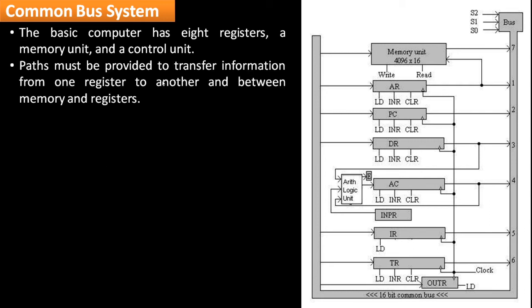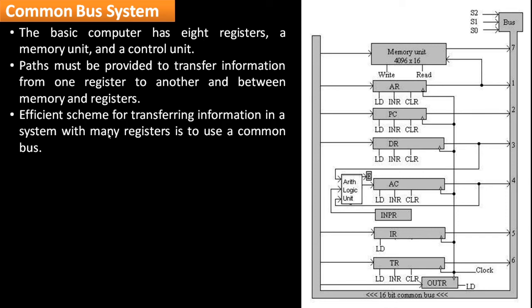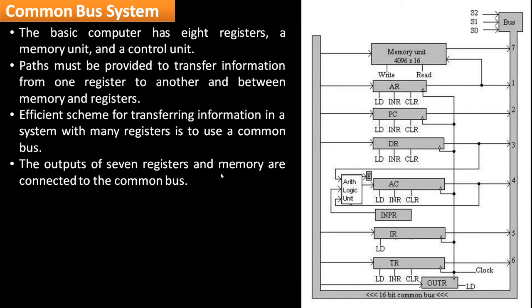Paths must be provided to transfer information from one register to another, and between memory and registers. An efficient scheme for transferring information in a system with many registers is to use a common bus. The outputs of 7 registers and memory are connected to the common bus.